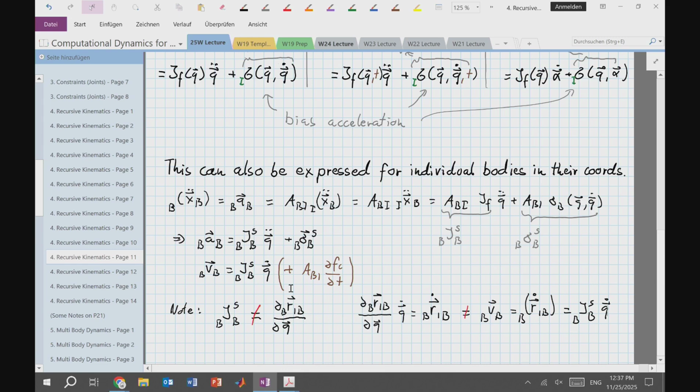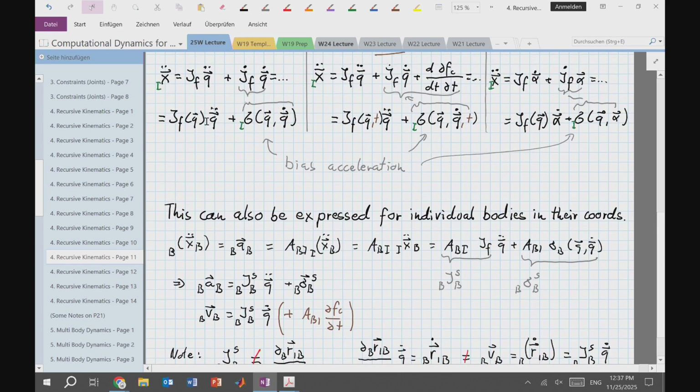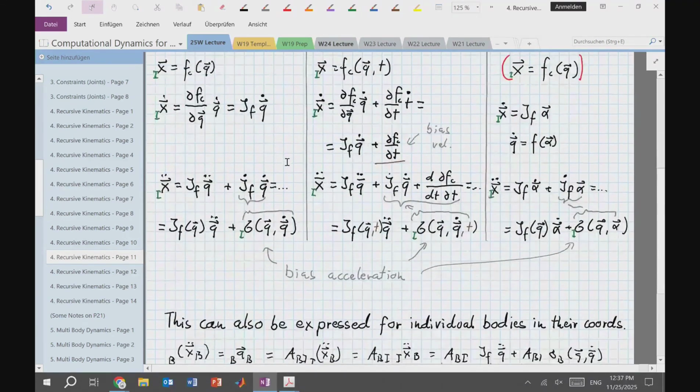So we will never have to go through partial derivatives or even go through these constraint functions or these vectors R. But in general, we already see that the Jacobians will become important. It's not enough to simply compute positions, accelerations, and velocities, as we've done so far.